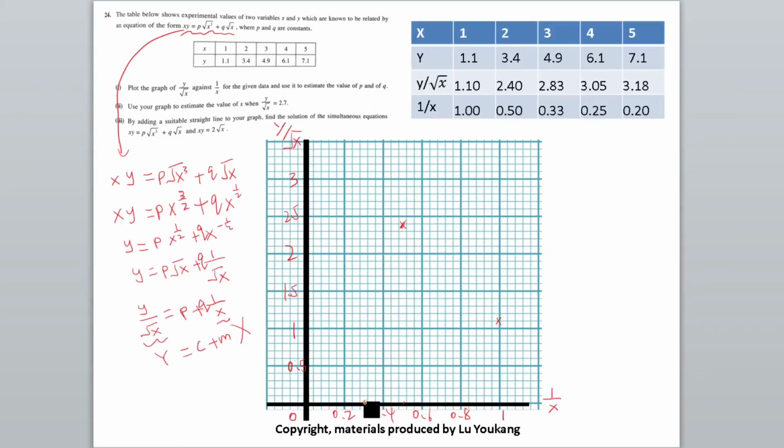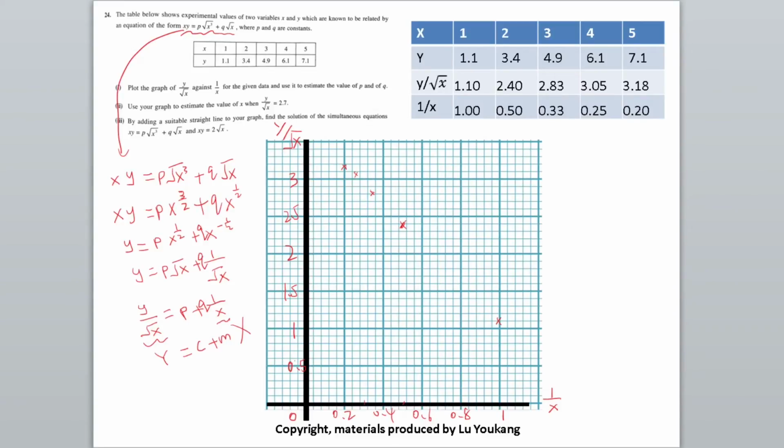Hold on for a while, because I'm still looking for my 2.83. So I will go up and mark the 2.83 when 1 over x is 0.33. Next, when 1 over x is 0.25, we get 3.05. Last but not least, when 1 over x is 0.2, I get 3.18.